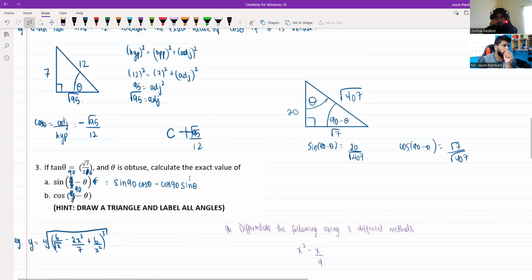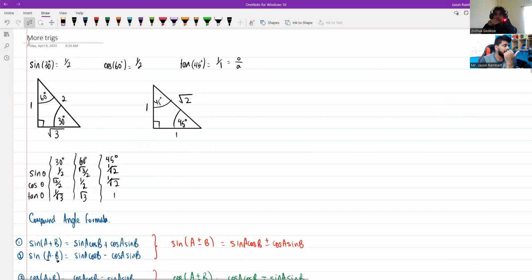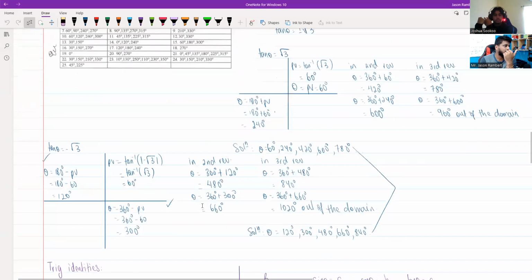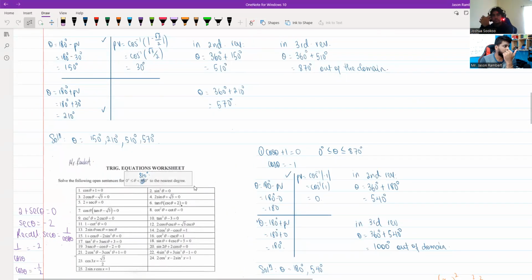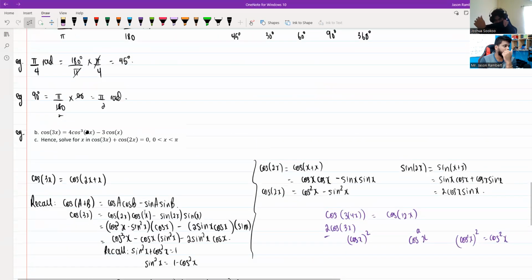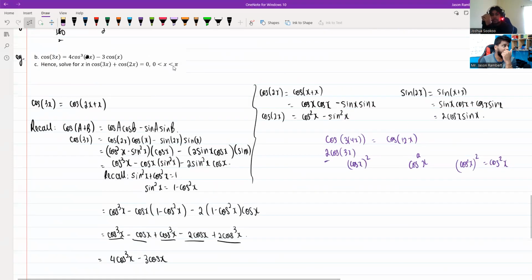Remember, in the last set of calculations that we did, the domain was in terms of degrees. In this question, the domain is in terms of pi, which gives me the indication: use radians.